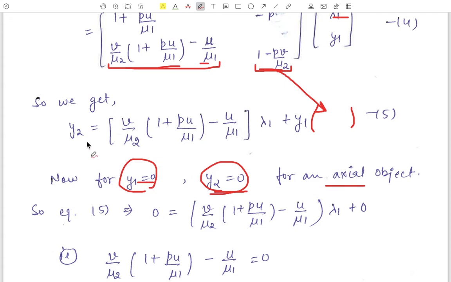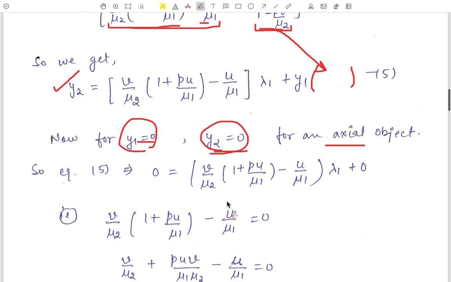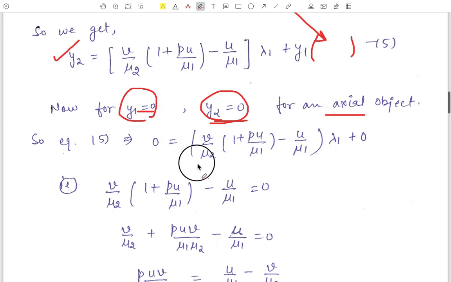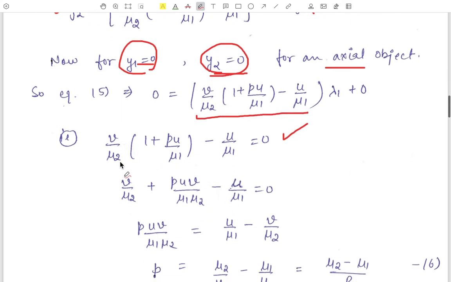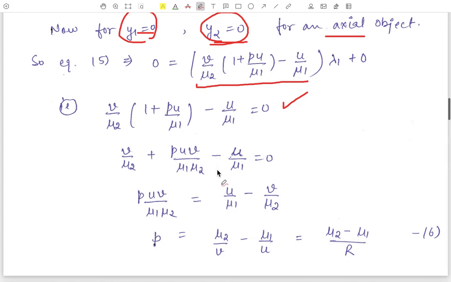So using this condition in this equation number 5, we get 0 is equal to this term into lambda 1 plus 0. From here we get the coefficient of this lambda 1 to be equal to 0. That is v upon mu 2 into 1 plus p u upon mu 1 minus u upon mu 1 is equal to 0. We do the simplification.